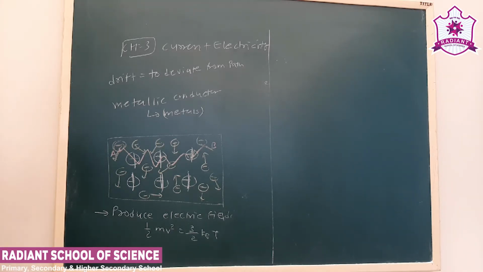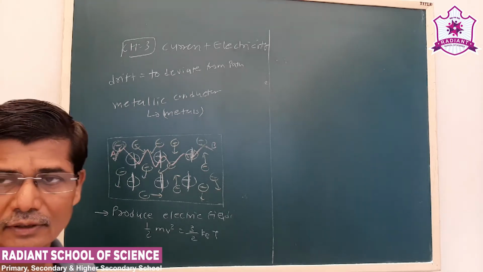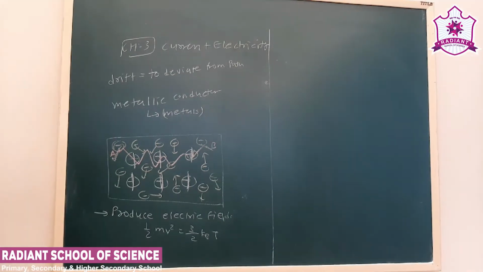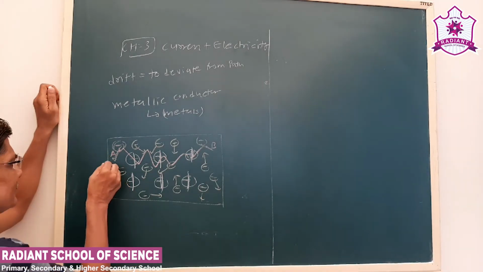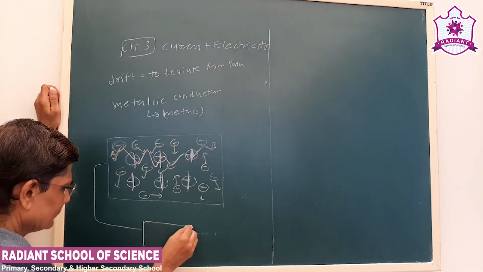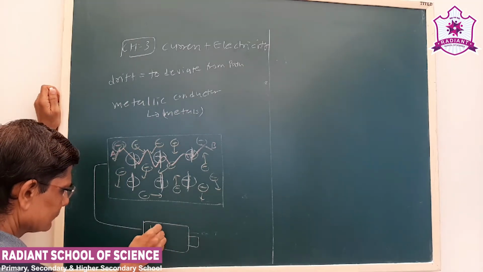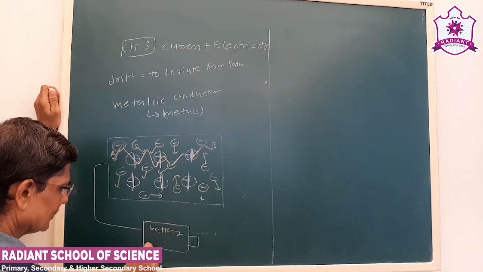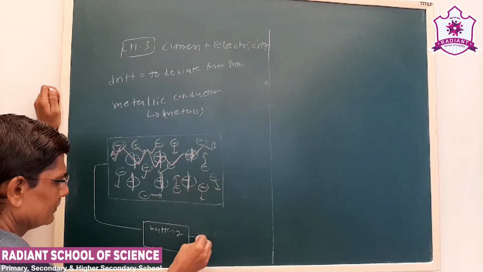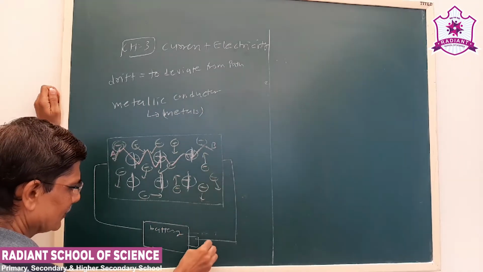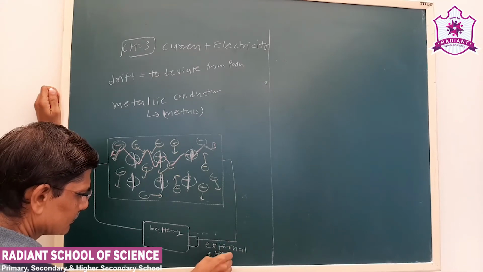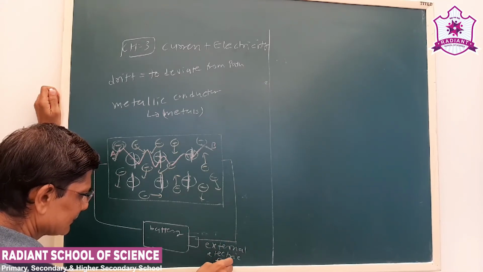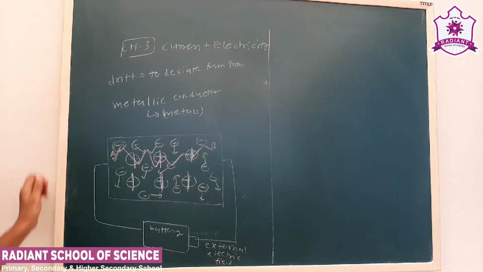Now here we have assumed that right now no external field is supplied. Okay, now see, a battery is a source of electric field. Right now we have considered that no external field is applied. Now suppose I connect a battery. See, a battery is a source of electric field, that is an external electric field. So what happened?